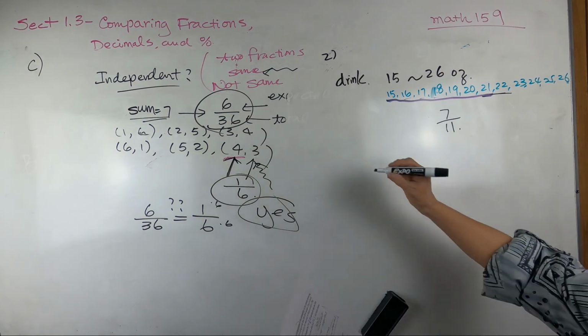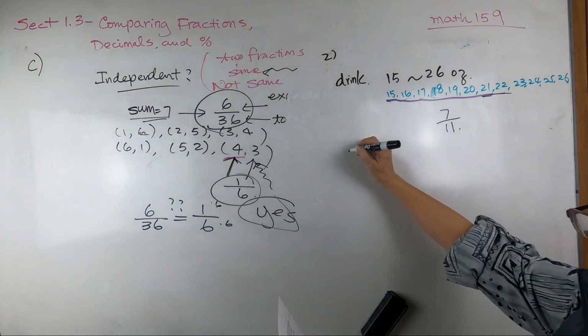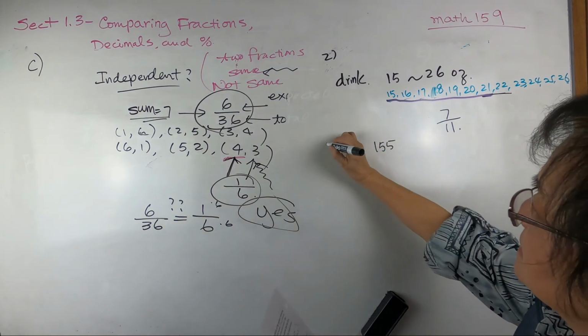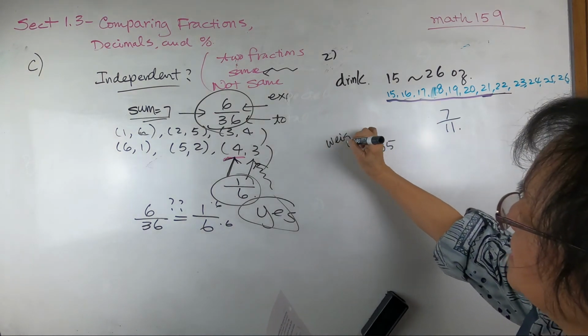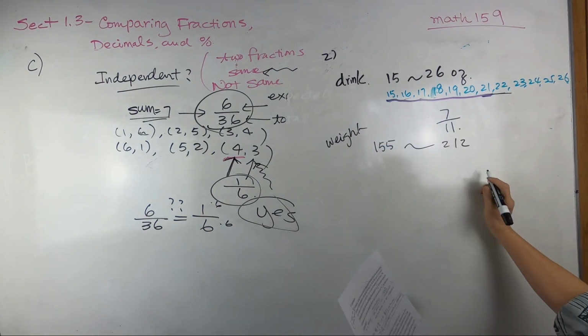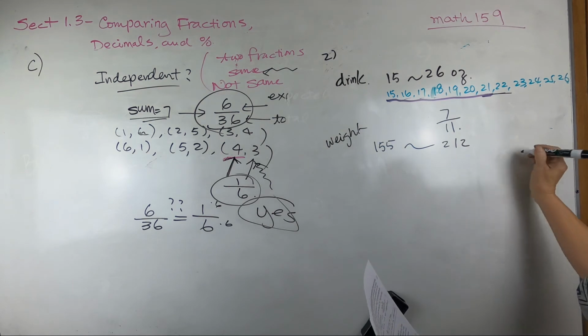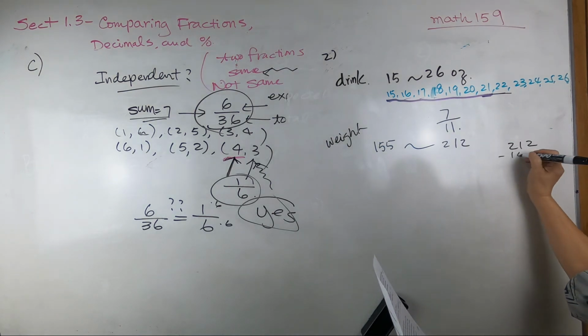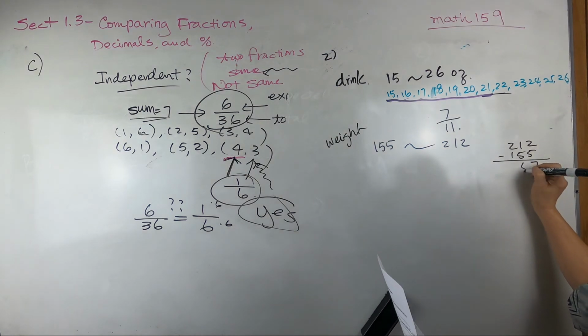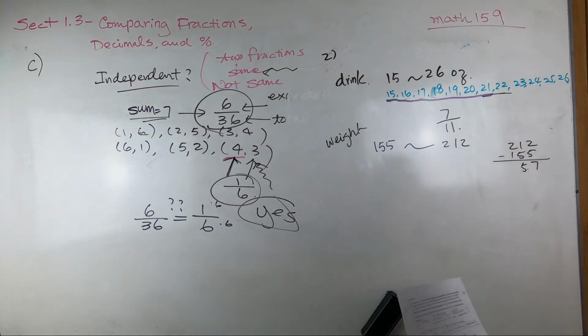All right. Another question is about the American median size, a person's weight, 155 to 212 pounds. So 212 minus 155 would be 57 pounds.